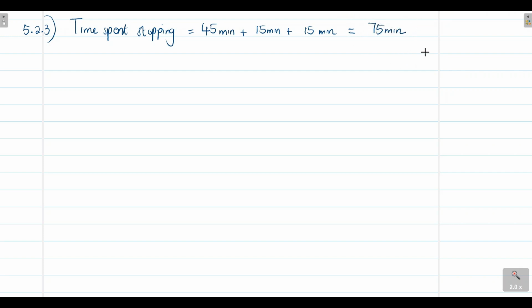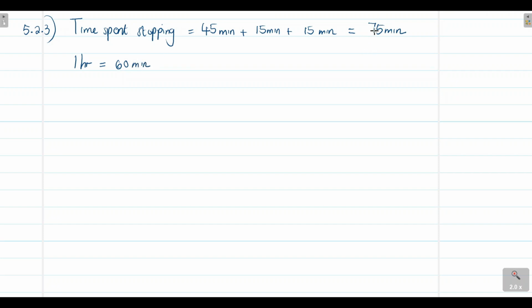stopping. So we now have to convert these minutes into hours because the units for our time is in hours. How will we convert these 75 minutes into hours? We already know that 1 hour is equal to 60 minutes.